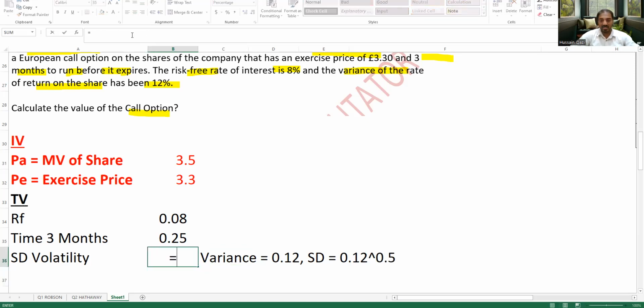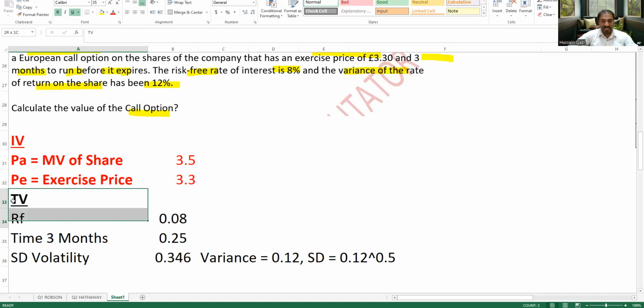So you can calculate it as 0.12 power 0.5. That is 35%, or 0.35. More precisely, 0.346.